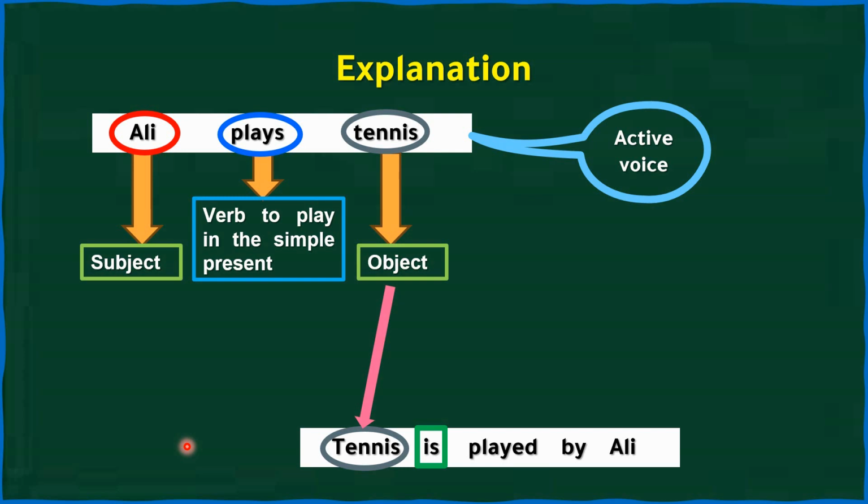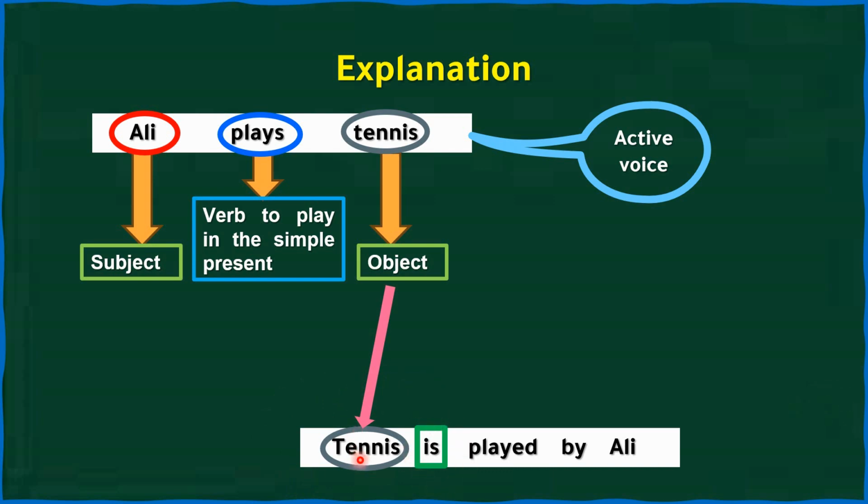The verb also changes. We add the verb to be, in the simple present. Why simple present? Because here the main verb, play, is in the simple present, so automatically the verb to be will be put in the simple present. So I am, you are, he is, she is, it is.